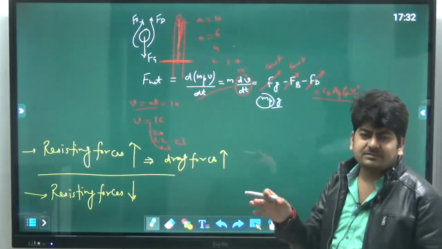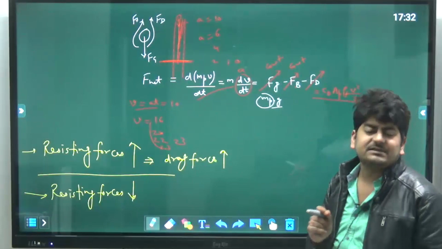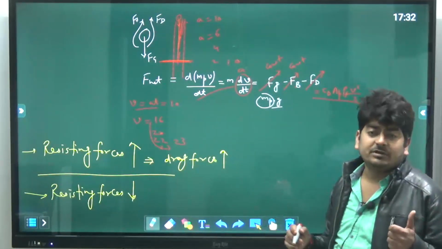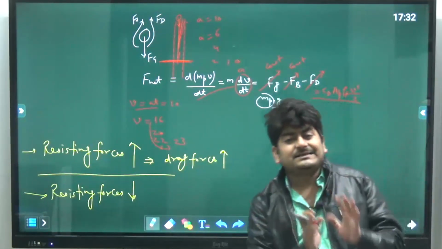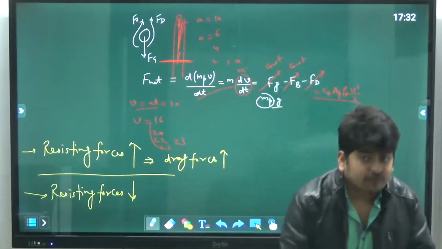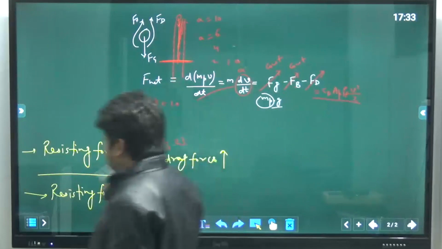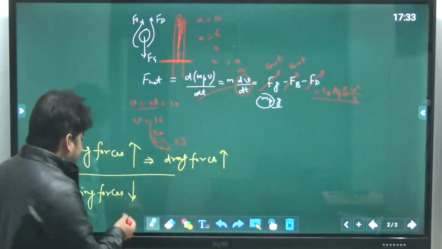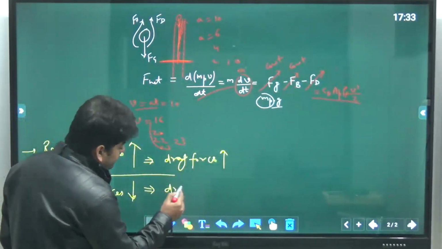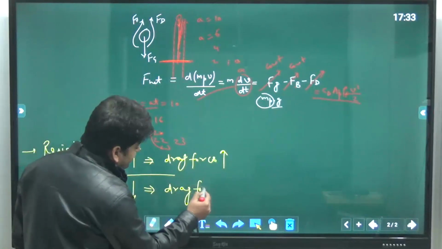There are several common assumptions, but one most common assumption is incompressible fluid. Incompressible fluid means density is fixed, and if density of the fluid is fixed, that means buoyancy force will be fixed. Okay, so only drag force will increase, and if resisting force is decreasing, that means drag force will decrease.